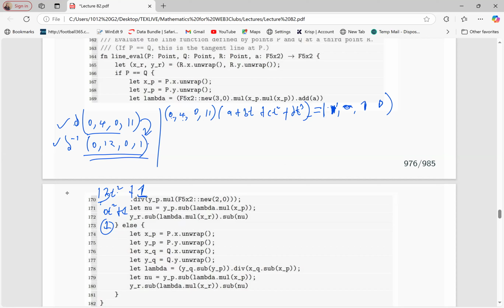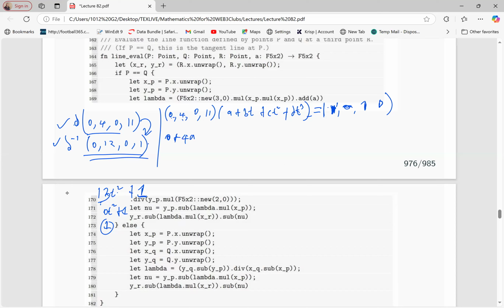For instance, if I multiply by 0, I would have the entire thing 0. Then I would multiply by 4. First of all, 4 times a would be 4a, that is a constant.